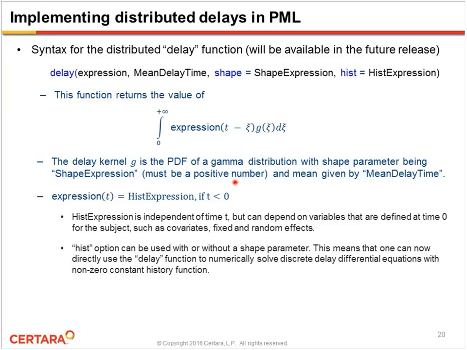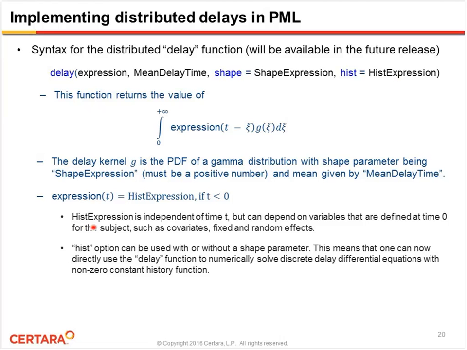Now recall that most of the commonly used PK/PD models for modeling delayed outcomes assume that the distribution of the delay is either a gamma distribution or a special case of a gamma distribution. So that's why we build this gamma distribution inside. In the future, if there's a need for other distributions, we will do that too. The hist option specifies the history function for your expression.